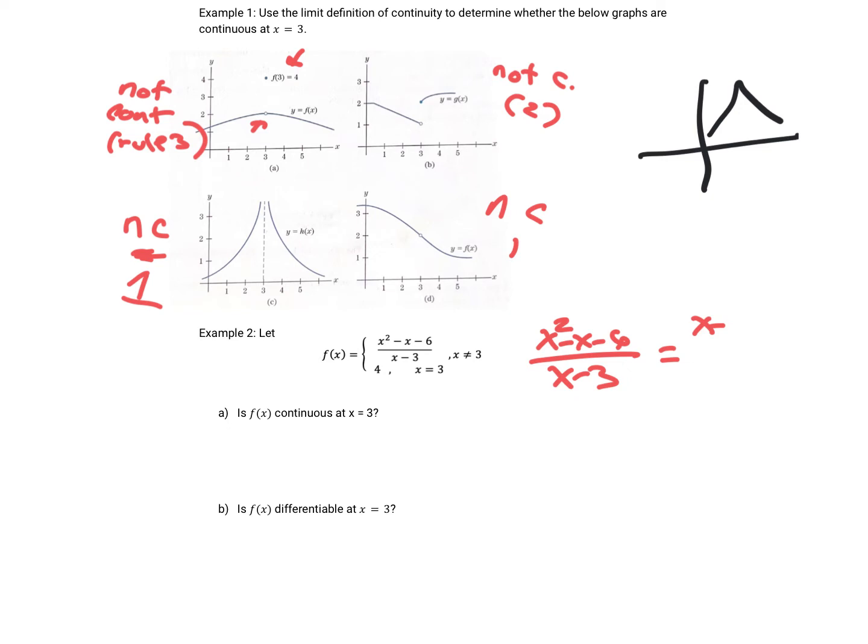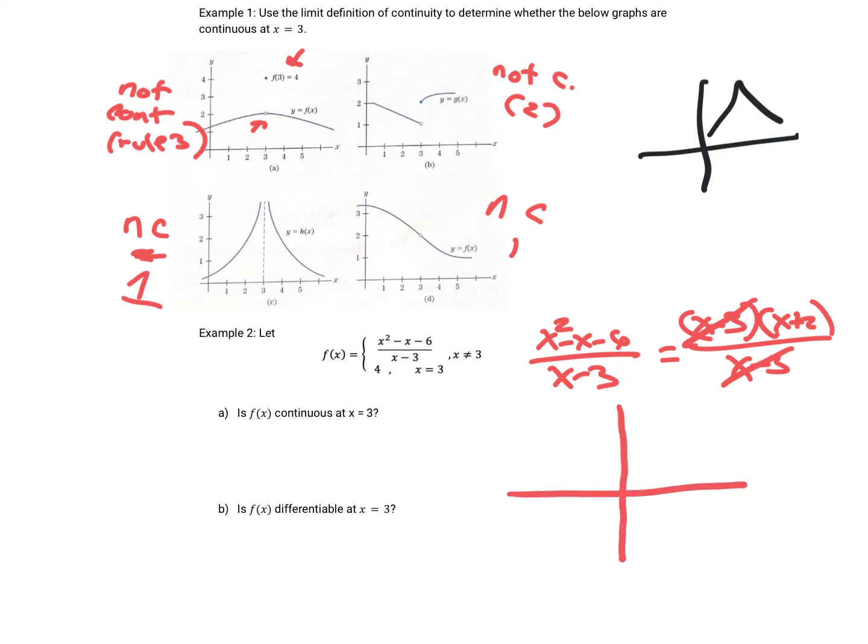That's x minus 3 times x plus 2, over x minus 3. So the graph actually is the graph of x plus 2, except there's going to be a hole at 3. If I graph this line of x plus 2, the y-intercept is 2. When x is 1, we're up at 3, and then there's a hole at x equals 3.